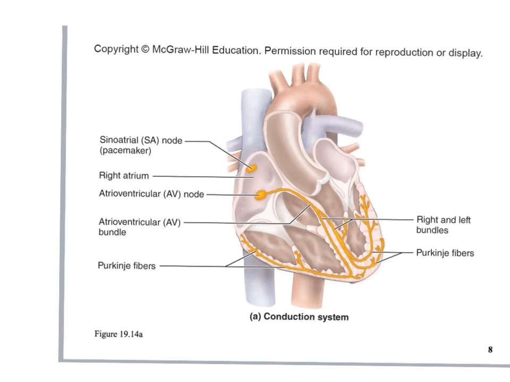Those are called Purkinje fibers. There's one particular part within the septum which is called the left and right bundles, also called the bundle of His. But it spreads down through the septum to the apex of the heart.